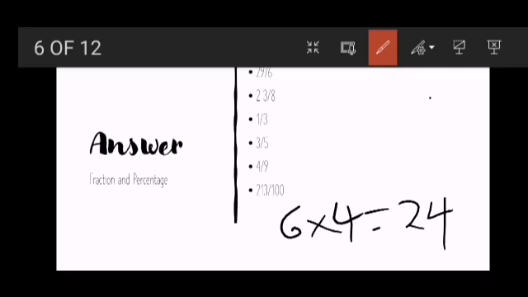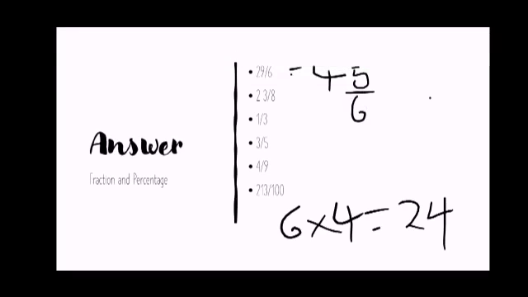What can you add to 24 to get 29? 25, 26, 27, 28, 29, that remains 5. So the answer here is going to be 4 whole number 5/6. If you got 4 whole number 5/6, that's your answer.